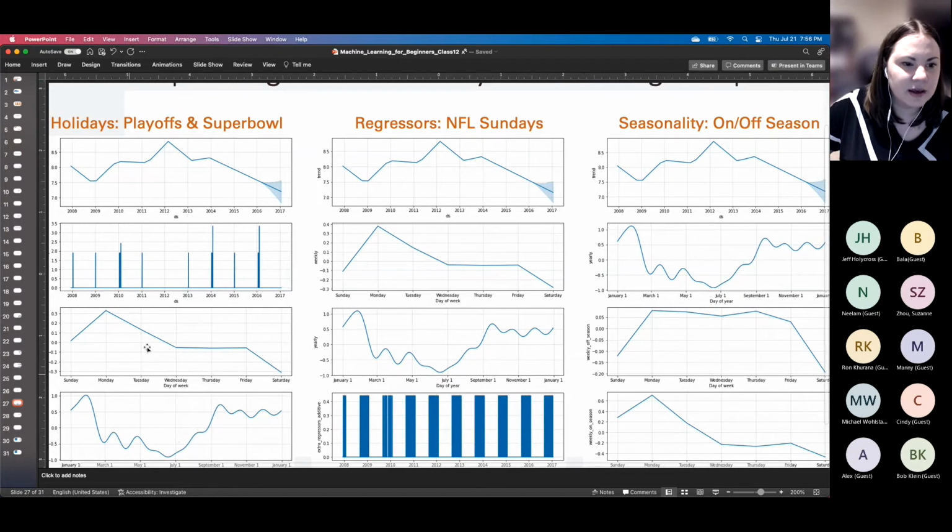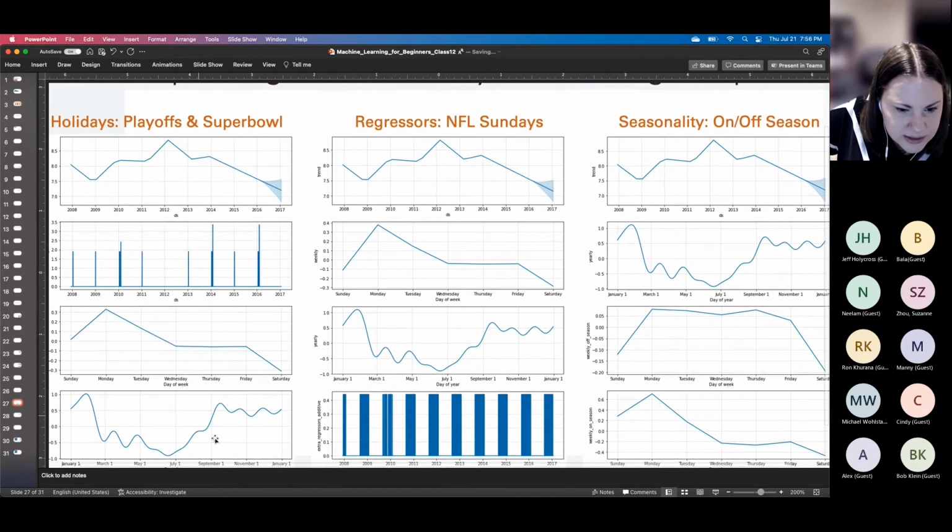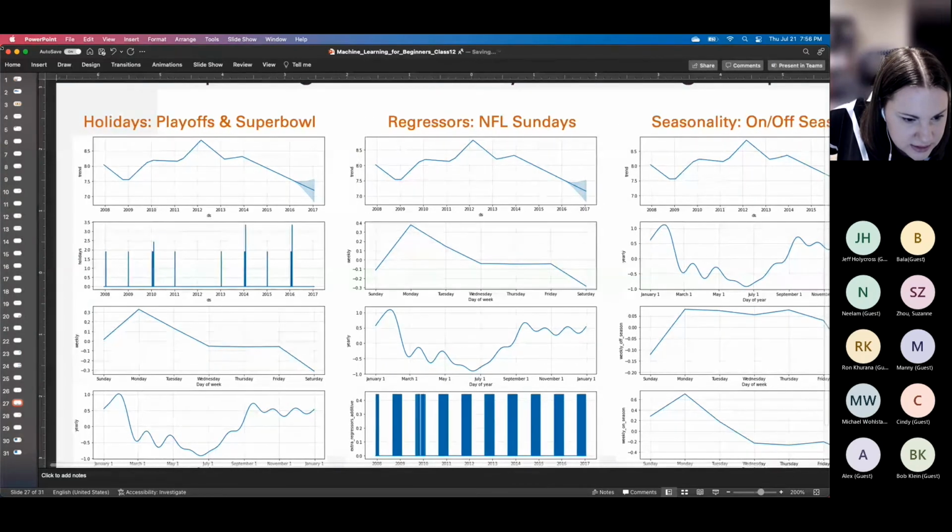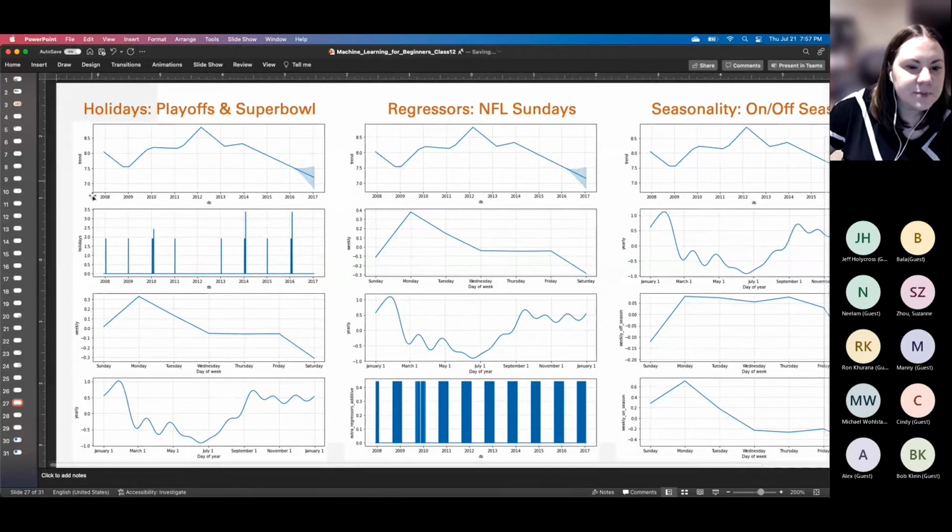This is generally what Prophet looks like. The first part that it would show is the trend over time, so you can see that here. We also can see holidays. And then we see a weekly trend, so Sunday, Monday, Tuesday, Wednesday, Thursday, Friday, Saturday.